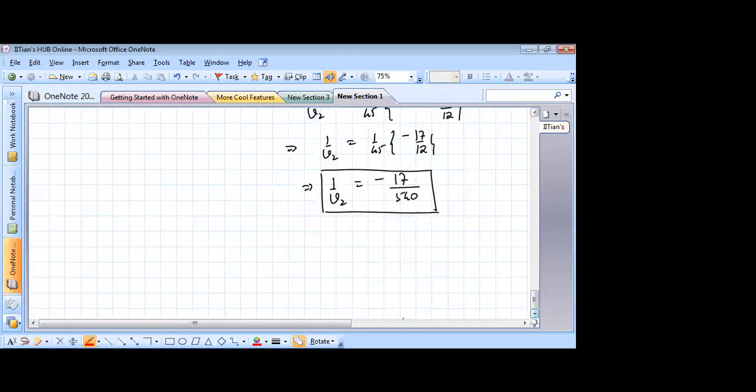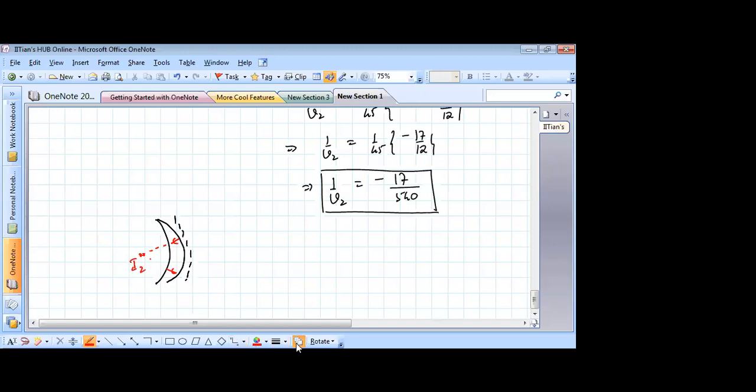Now for our third refraction, or third event, the situation is very interesting. This is the case. It's a virtual object actually, but light is coming from this side.